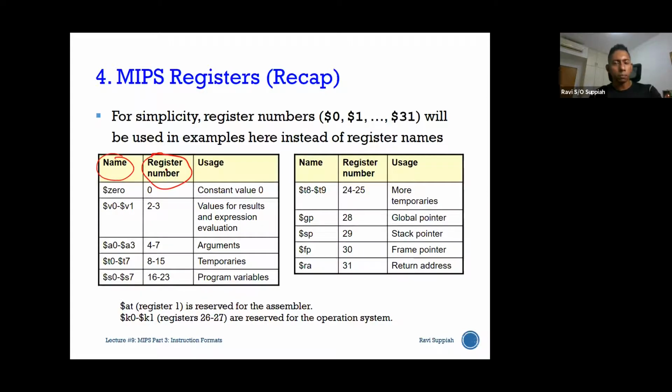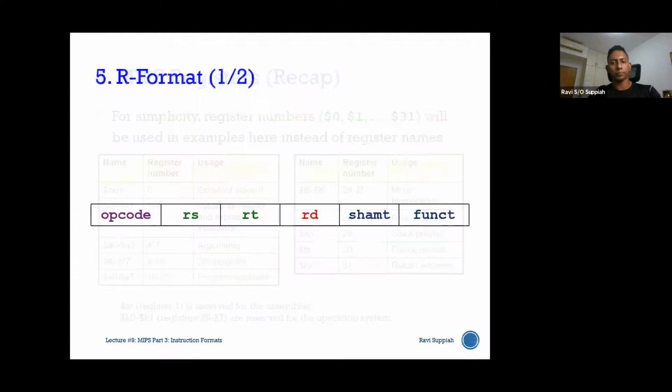As you saw in QtSpim, when I put in the name, it will still translate into the appropriate register number once it gets loaded. When you're writing the code, you can still stick to using the names.